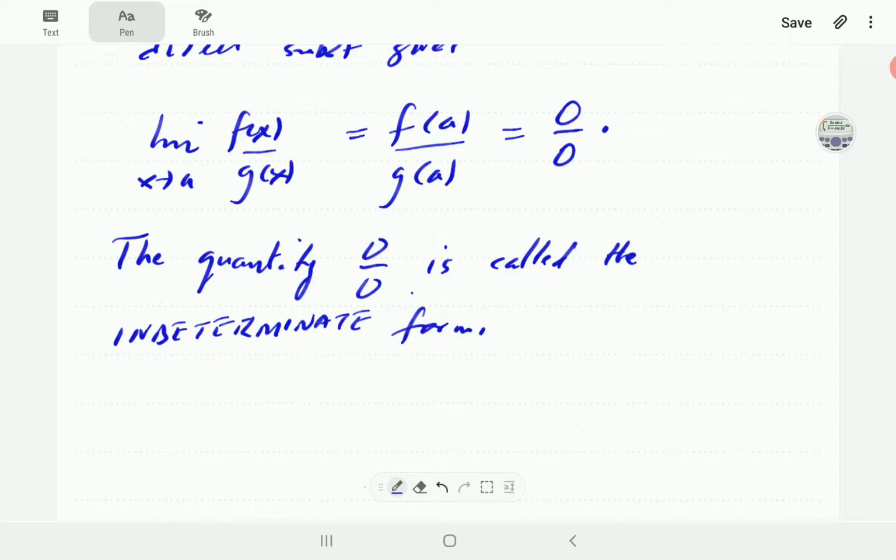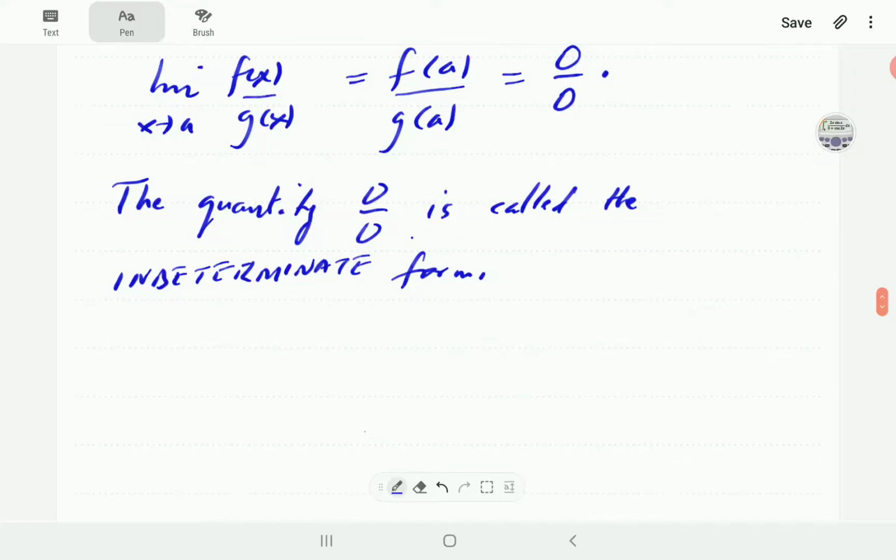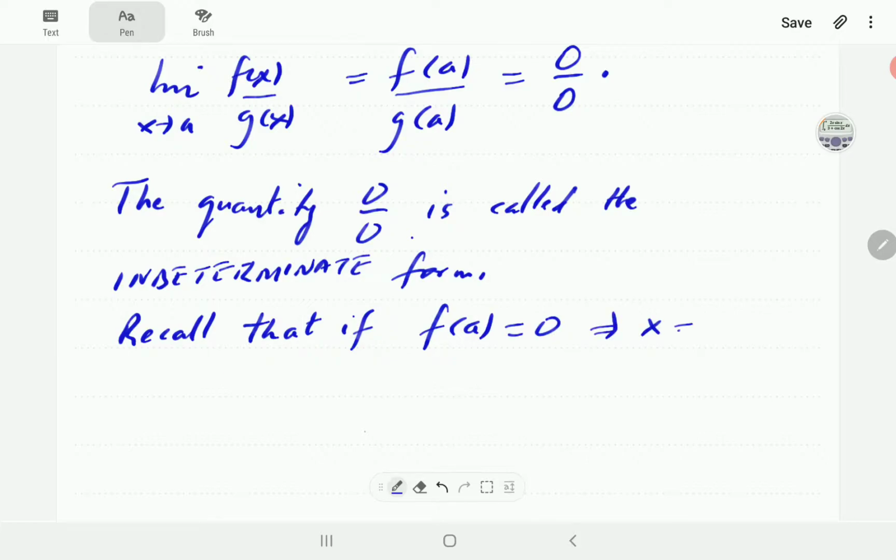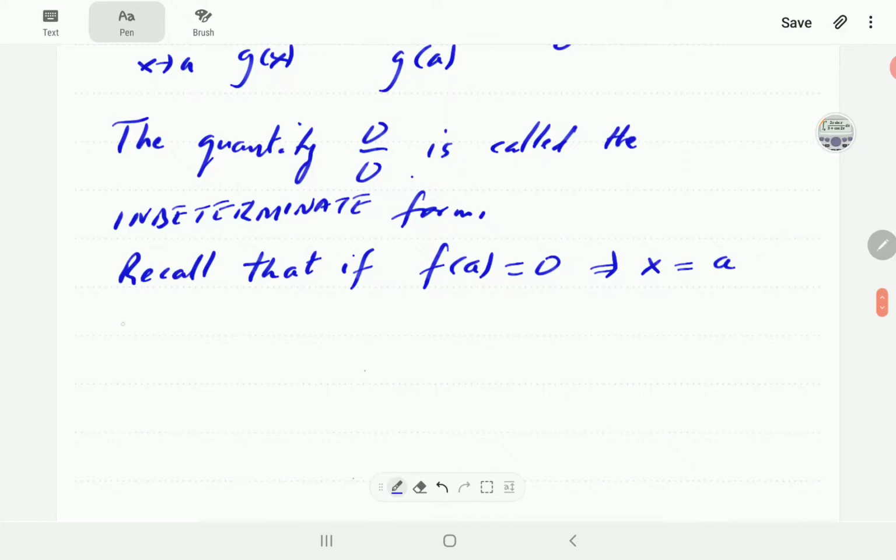Now, thinking back to our theory of polynomials. Recall that if f of a is equal to 0 and f is a polynomial, what this means is that x equals a is a root by the remainder theorem.